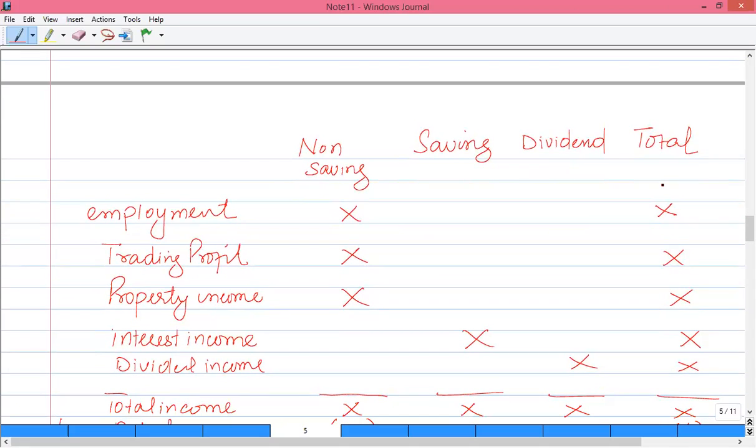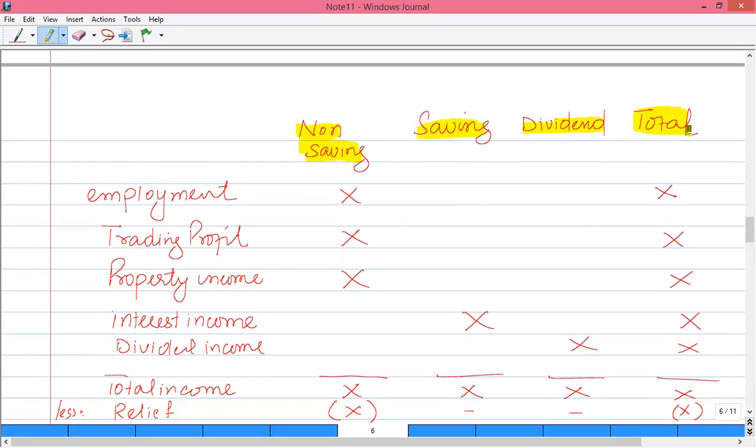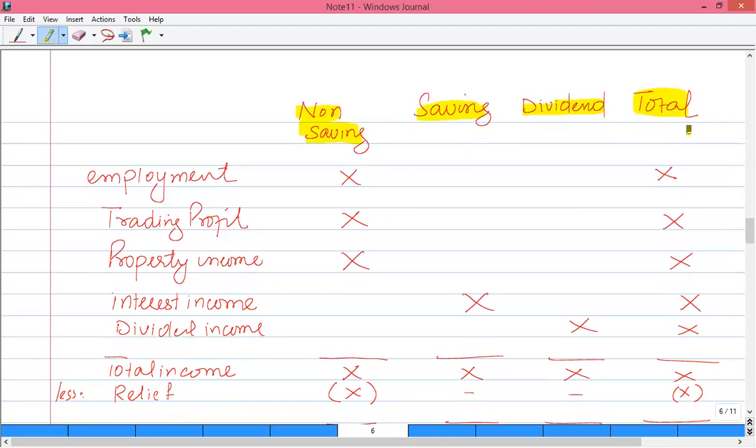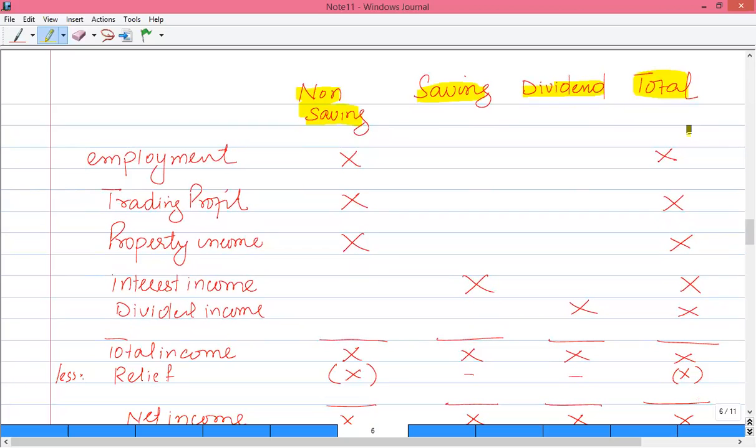In this pro forma, we have three columns. The first one is a non-saving column, then a saving income column, and then dividend, and finally a total column. So whenever you have to calculate income tax liability, you have to consider this three-column approach plus a total column. Then you will list down all your available sources of income that are taxable, such as taxable employment income, and then other income, and classify it accordingly: property income, interest income, and then dividend income.